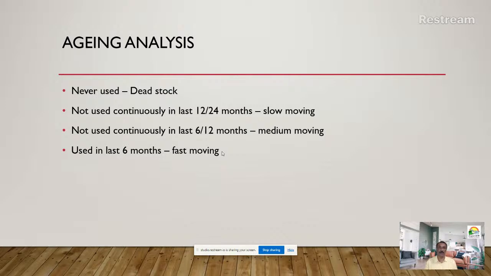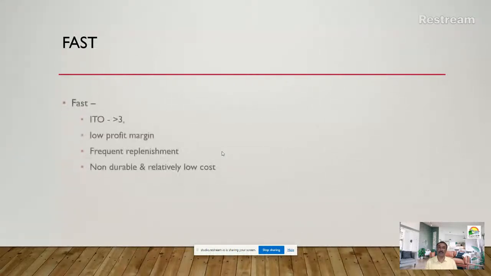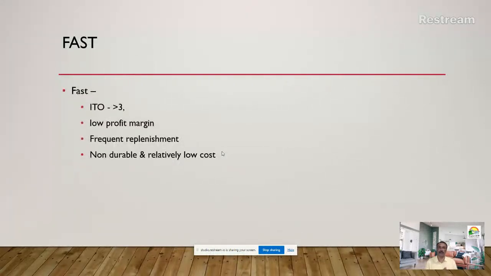If there is no classification available, you are welcome to define it, because unless you define it, you will not make use of it for improving your inventory. Coming to fast moving, there is one rough idea. You can also go in terms of inventory turnover.